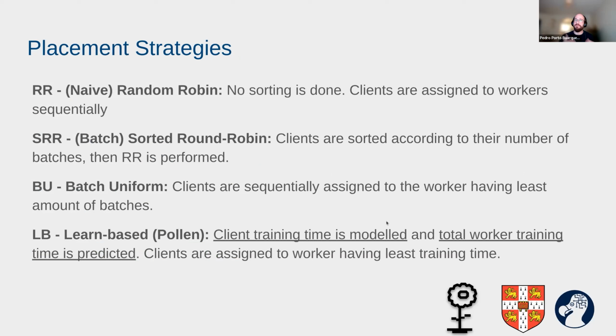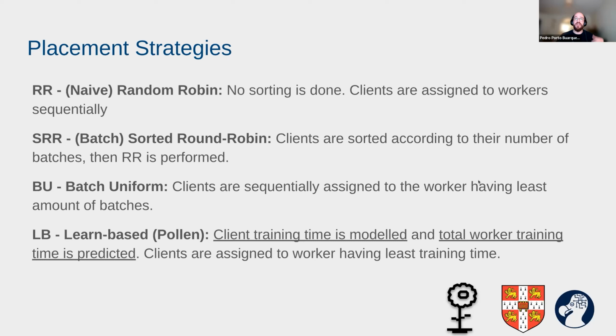Here we have the naive round robin, which is very basic. What you do is you have that original list, and then you keep sending them across all your possible devices. Then you have a better version of this, which is the sorted round robin, where you first sort this list based on the number of mini batches that you have to train.